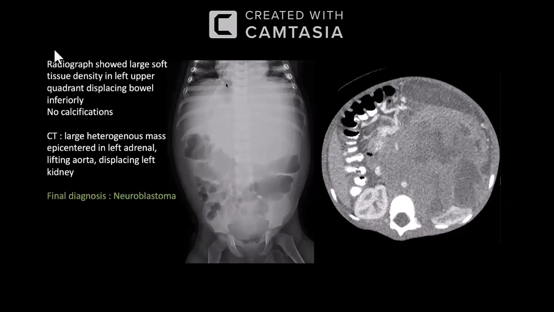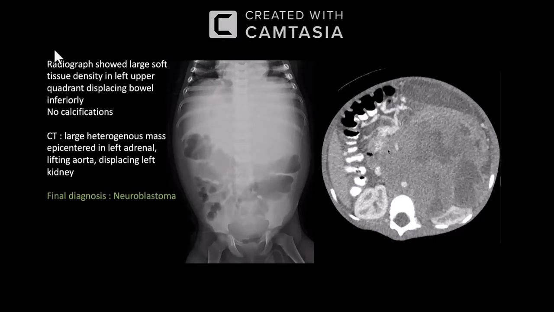So what you see here is a large, ill-defined kind of soft tissue density, which is displacing the bowel loops. In a 2-month-old, with this sort of opacity or a lesion, you should think of a neuroblastoma.